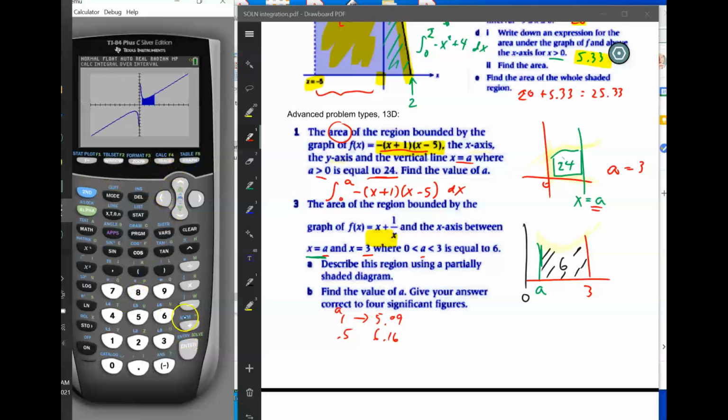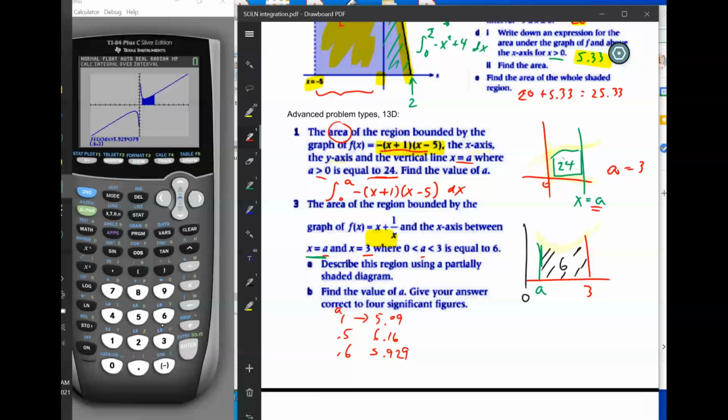I keep getting mixed up. They both start with I. Okay, 0.6 and 3. So I tried 0.6 and it gave me 5.929. So it's somewhere between 0.5 and 0.6, right?